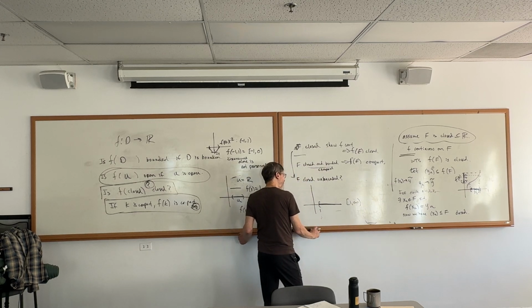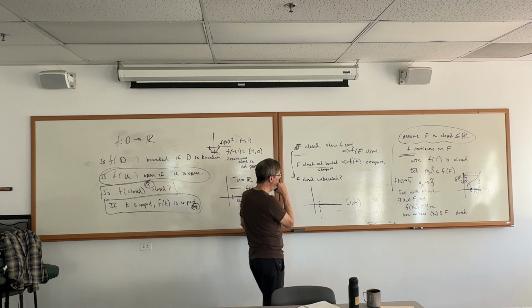Is it possible for us to get a function out of this where the image is an open set? So yeah, just the range of y values over here is open. Is 1 to infinity big enough to map to the real numbers?